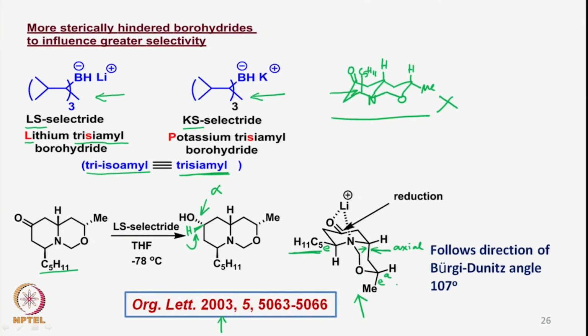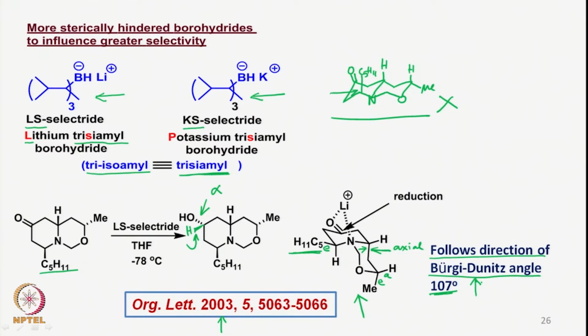And obviously in all these cases wherever we have discussed the carbonyl group reduction with any reducing agent, we have to keep in mind that the reduction takes place at a 107 degree angle, which is the rule according to the Bürgi-Dunitz hypothesis or observations.